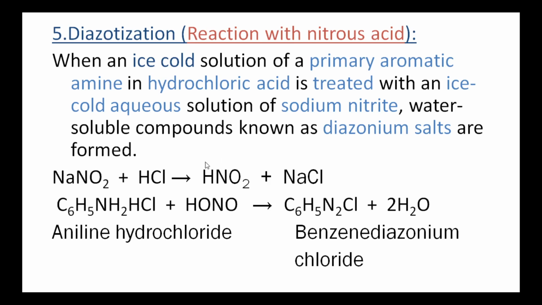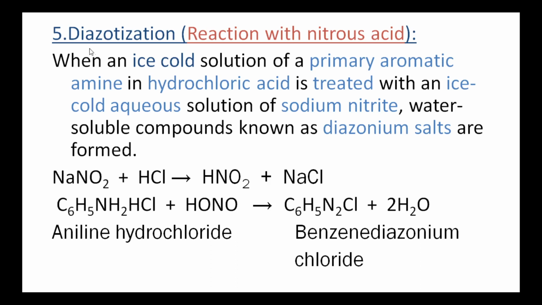Then this nitrous acid reacts with the acidic aniline, that is aniline hydrochloride, C6H5NH2HCl, forming benzene diazonium chloride. The formula is C6H5N2Cl. That is, aniline hydrochloride is converted into benzene diazonium chloride on reaction with nitrous acid.